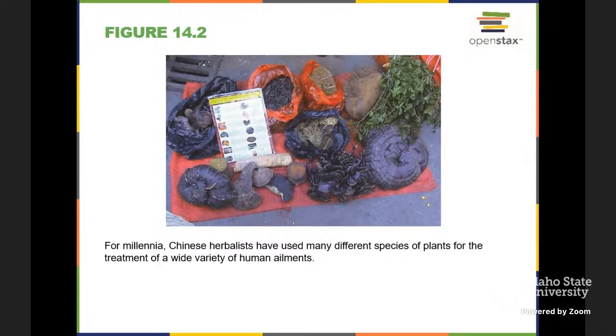I wish I could look at this and spout off everything that I'm seeing up there, but I can't. There are all sorts of different substances that we think about as holding some sort of utility. There are all sorts, as we see here, of different substances that Chinese herbalists have used for millennia.